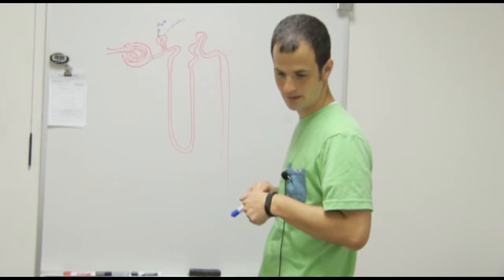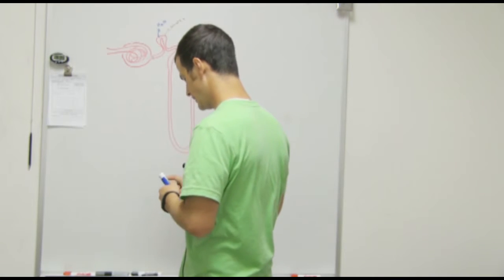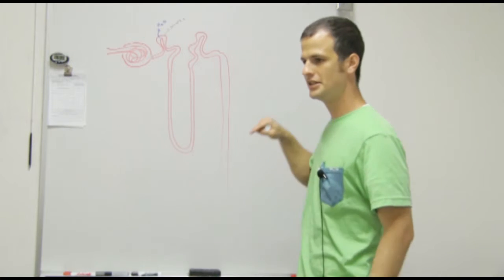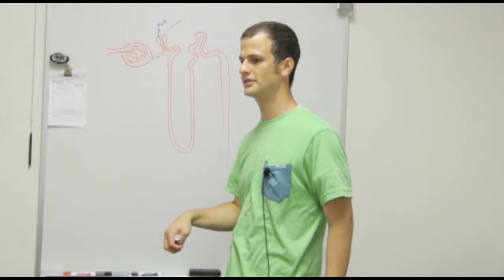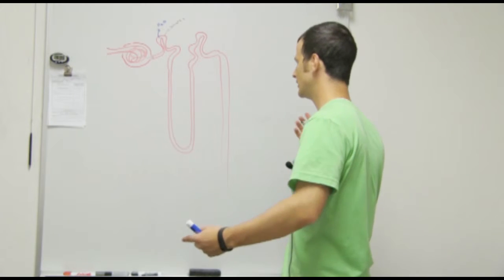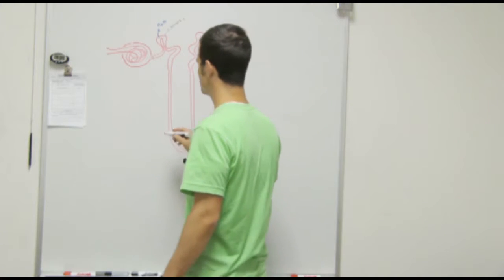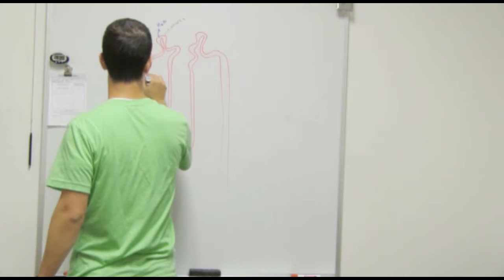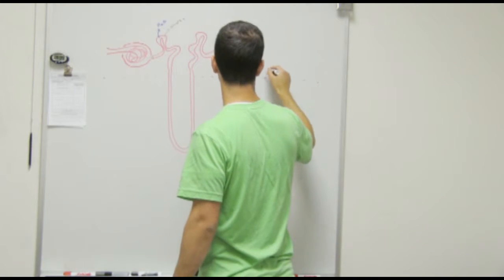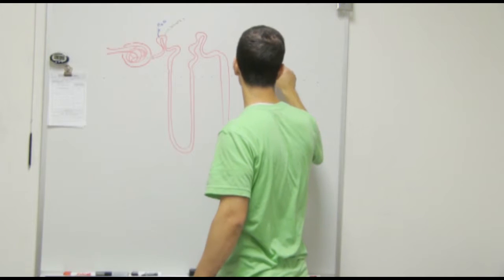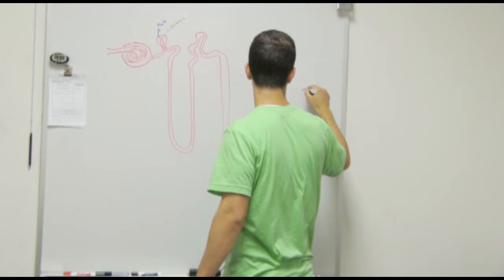Okay, so when we move down, the deeper you go into the kidney, the more concentrated the interstitial space is, okay? And these numbers might not mean anything to you, but these are the numbers it gives you. Right here, this is the cortex, and the medulla.